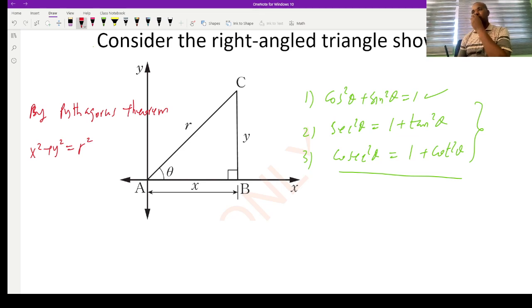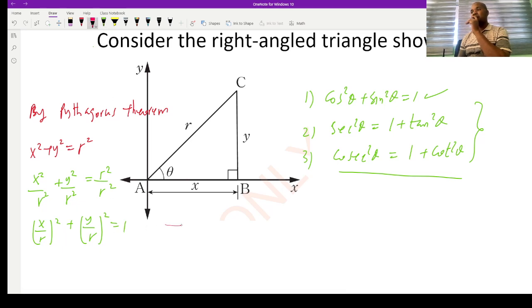So we'll be dividing by r square both sides, so that you have x square over r square plus y square over r square equals r square over r square. This will be (x over r) square plus (y over r) square equals 1.